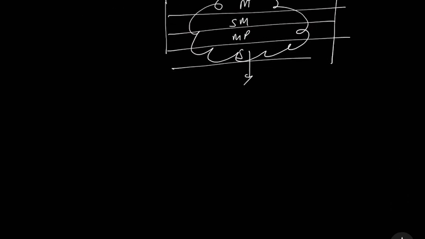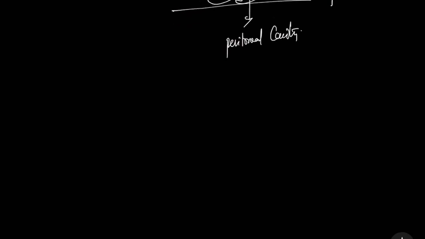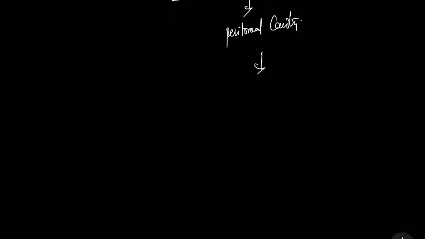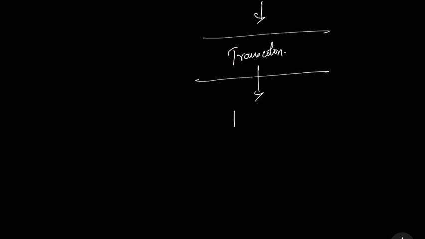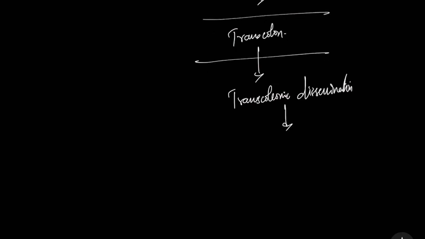So it starts invading downward and enters the peritoneal cavity. All right. And then your transcoelomic dissemination. All right. And the tumor keeps going downward.